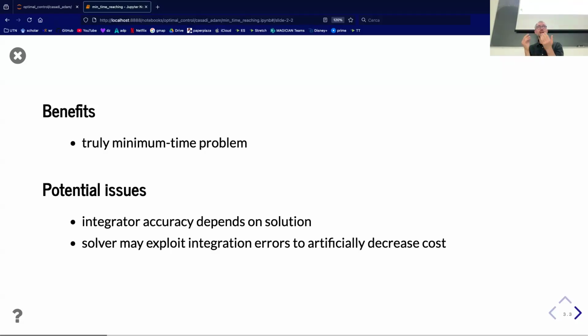And this leads to artifacts in the trajectory, and in general, you don't want that. So I think it's better to fix the time steps for the whole horizon to be the same. So at least the integration error is uniformly distributed along the trajectory. That gives less room to the solver to exploit integration error to minimize the cost, which is what the solver tries to do always.